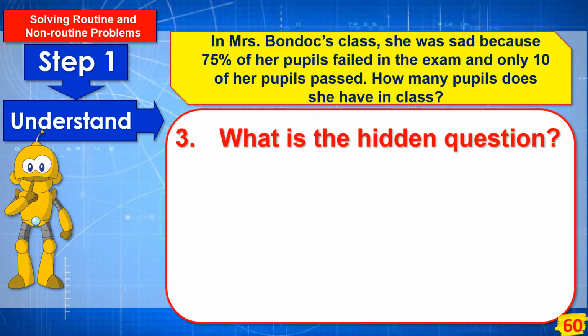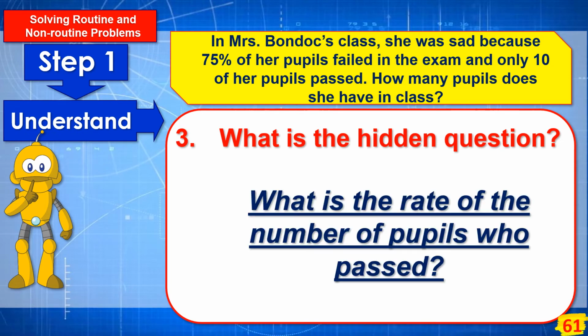What is the hidden question, if there is any? Yes, there is. Then, what is the hidden question? If your answer is, the hidden question is the rate of the number of pupils who passed, you are very good.